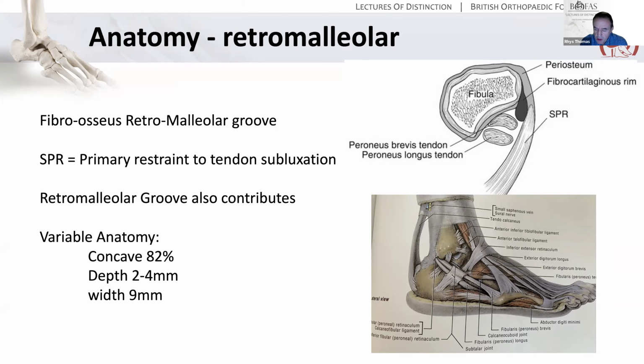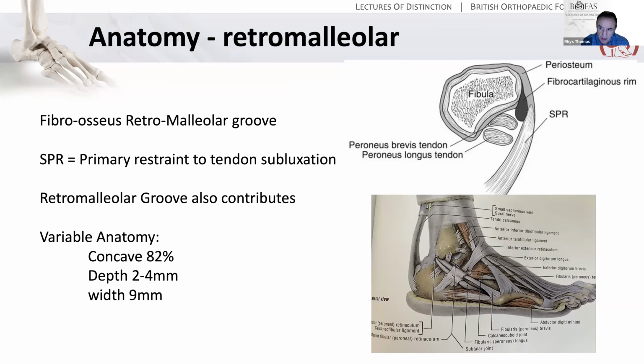The retromalleolar groove at the back of the fibula, in which the tendons should sit, is usually concave, in roughly 80% in the literature. In some patients, it's flat, and in some patients, it's actually convex. When it's concave, it has an average depth of 3 millimeters and is about 1 centimeter wide. So this is the important area when considering peroneal subluxation and dislocation.